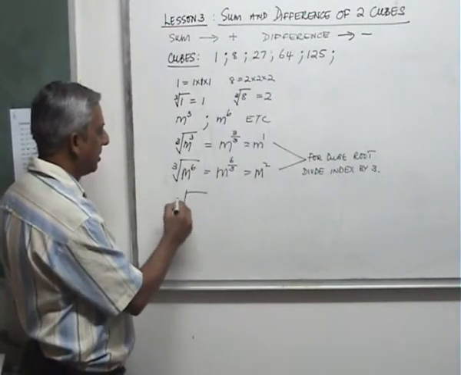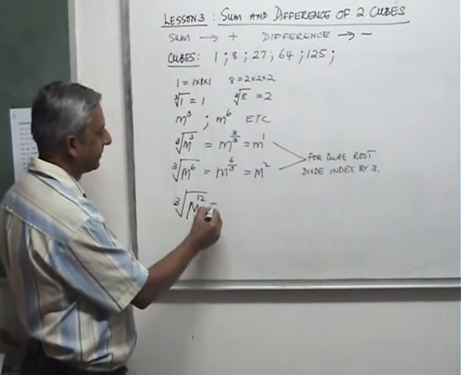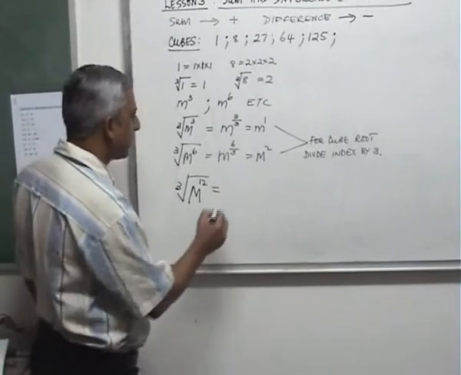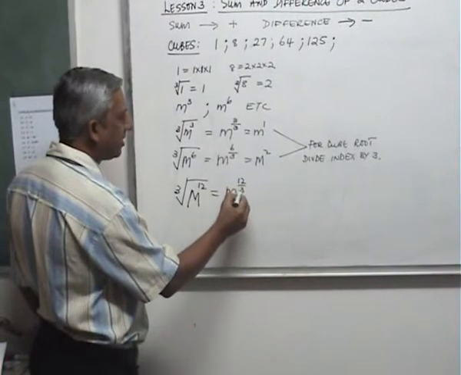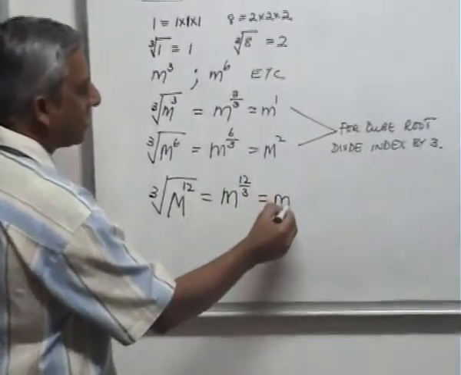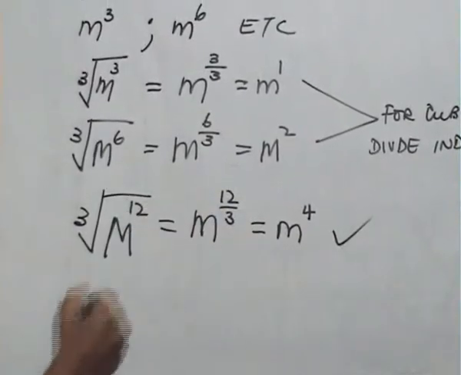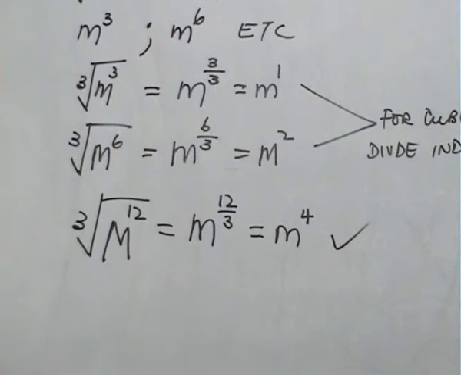What is the cube root of m to the 12? I don't know what answer you were guessing, but you just write m, there's 12, you divide it by 3, and you get the answer m to the 4. So I hope you were thinking of m to the 4 in your mind. As long as you know this, we are ready to move on to sum and difference of 2 cubes.